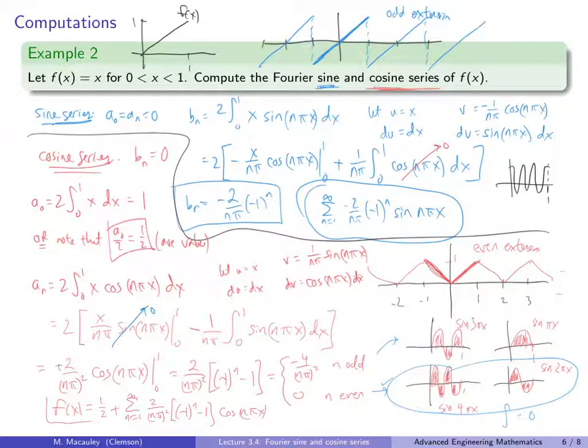So this is the Fourier cosine series. Compare that to the Fourier sine series. We started with a little piece of a function. The Fourier sine series is the ordinary Fourier series of this sawtooth wave, the odd extension, and the Fourier cosine series is the ordinary Fourier series of this triangle wave, the even extension, and that is this guy.